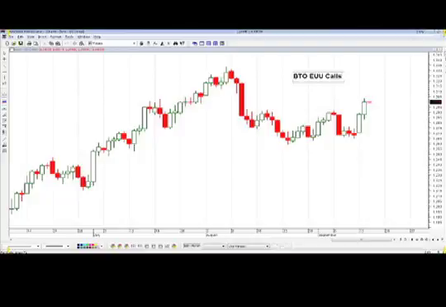So we'll say the 132 calls. And right now, I checked prices before I got online, and it may have moved a little bit since the market closed, but it was around $1, or $100 per contract, and this expires in October.